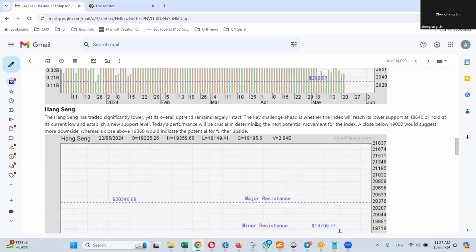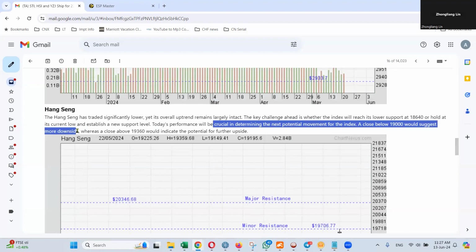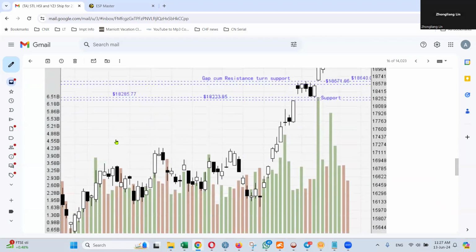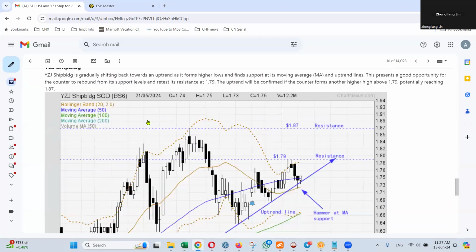Then Hang Seng has a key movement at that point of time, where a close below 1900 would suggest more downside. Okay, and next will be Yangzijiang, where we talk about it breaking 179, hitting 187 resistance.